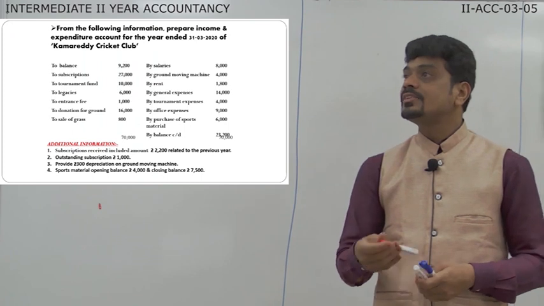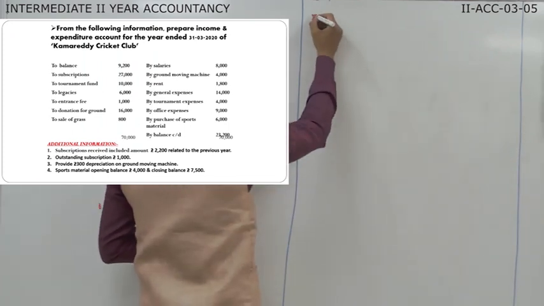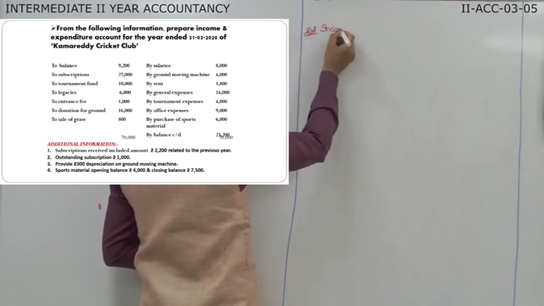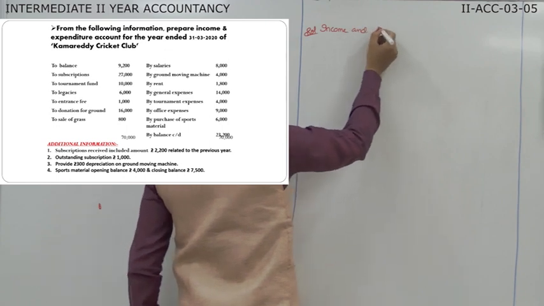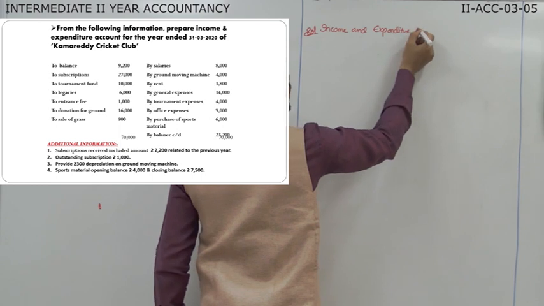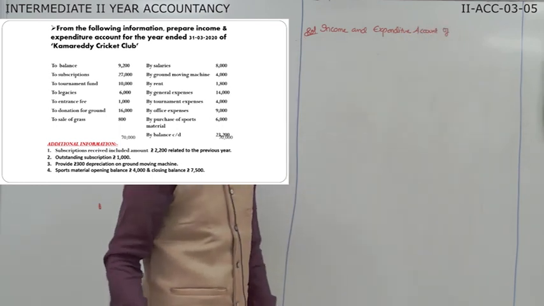Now let us start the solution. As it is, we are going to do the solution. Heading will be income and expenditure account of, what is the name of the organization?